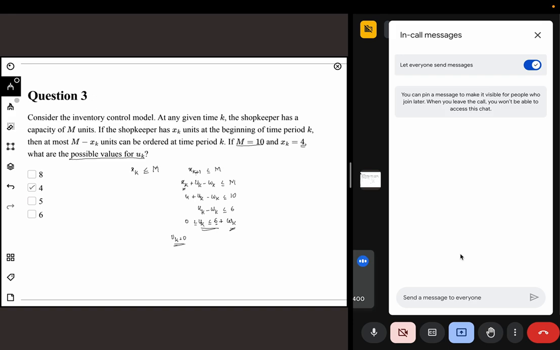You can ask why I can't choose 8. Again, if you apply the same concept of random numbers and take expectation on both sides, since WK is a random variable, UK is going to be a random variable. So the expected value of UK is going to be less than or equal to 6 plus the expected value of WK, and this expected value of WK is 0. That is a basic assumption that we started out with.